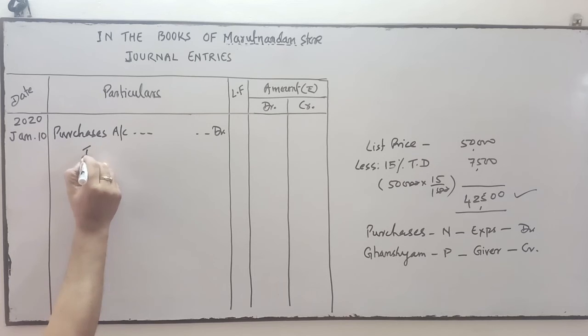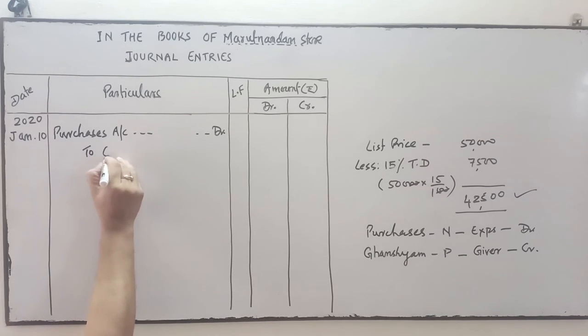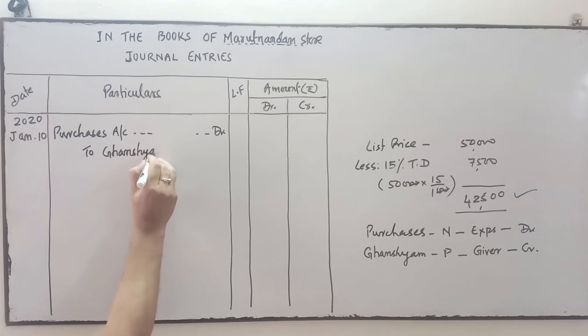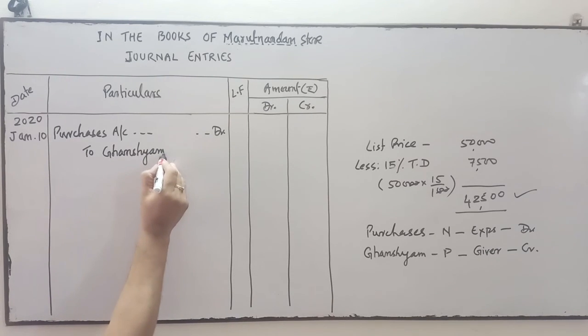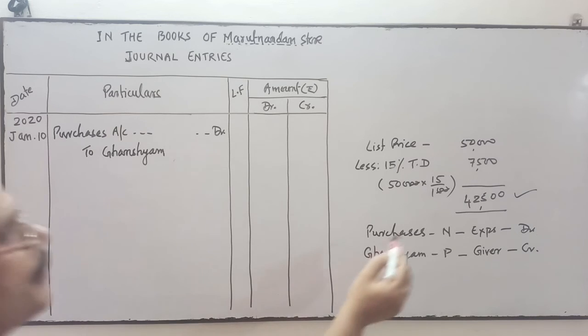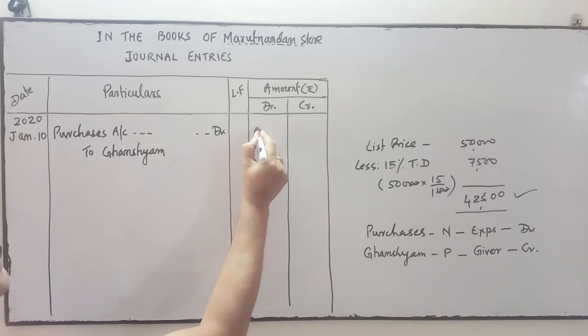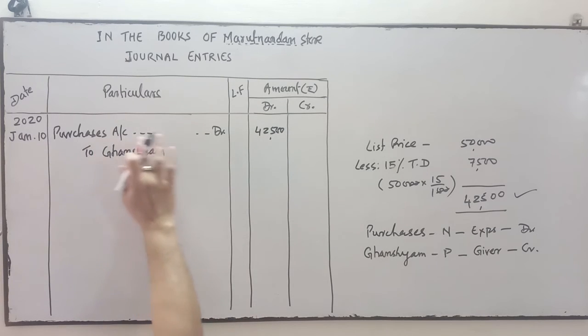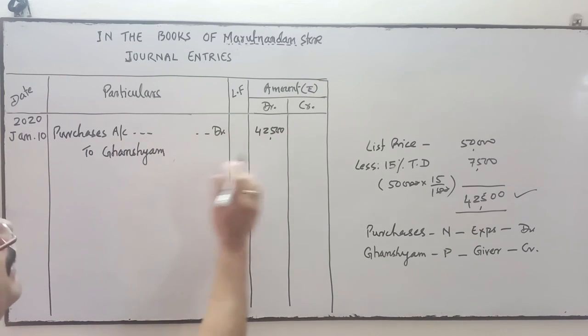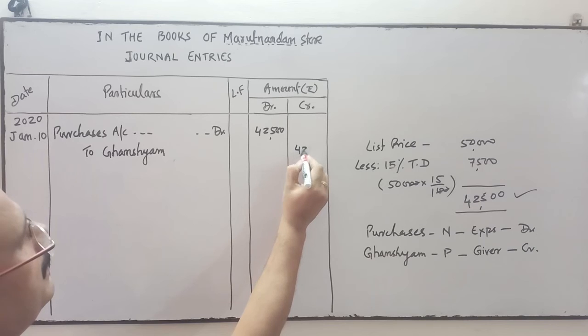Then we will write "To" to indicate we are going to write the amount in the credit side, to Ghanshyam. No need to write the account. So we will take the amount 42,500.